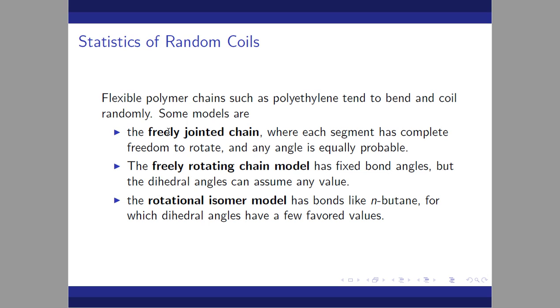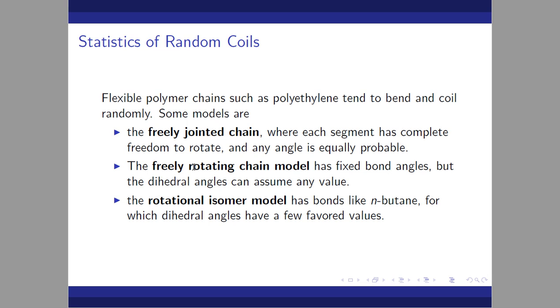We have the freely jointed chain, where each segment has complete freedom to rotate and any angle is equally probable. Okay, so for example, it is like our arm with an elbow. We can move our arm and elbow in any direction we want. So any angle is equal.